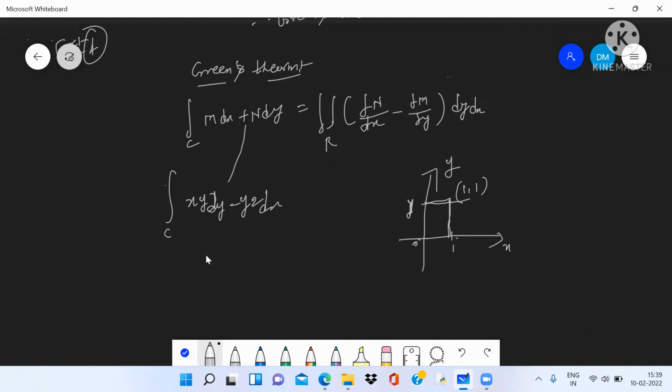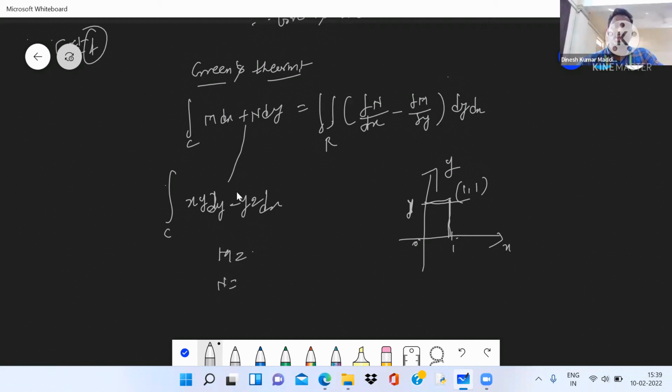Comparing these two, can you say what is m and what is n? xy is n, and y square is m. Yes, here dx coefficient is m and dy coefficient is n.